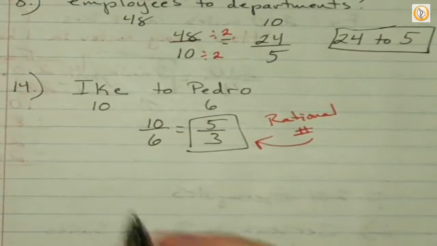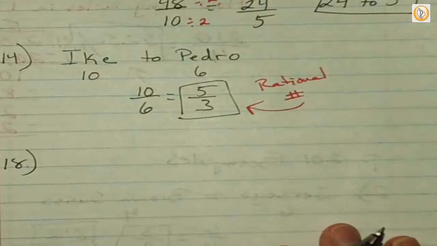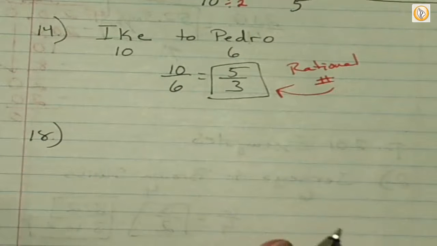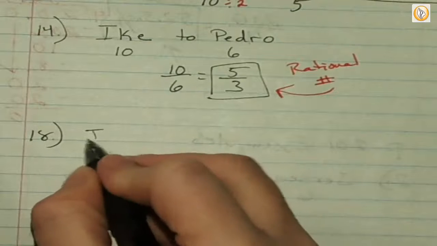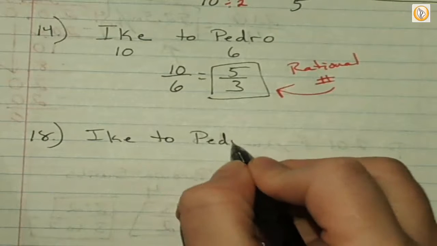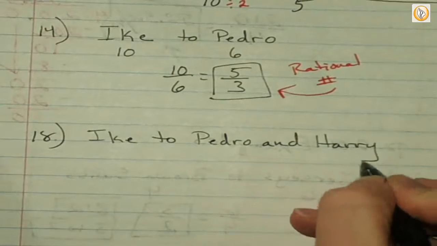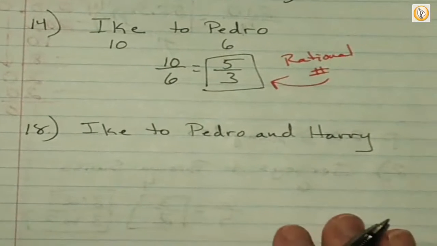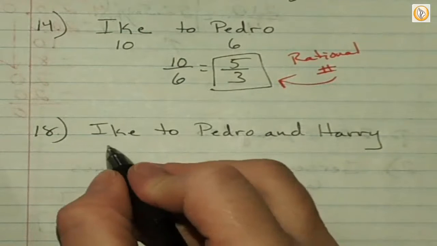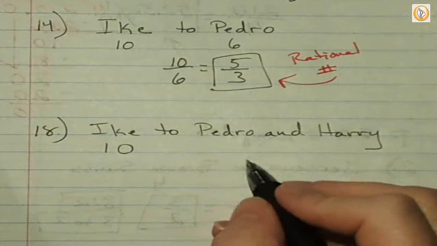Let's look at 18. Ike to Pedro and Harry. I think you'd be able to get this one. All right, Ike, 10. And then Pedro and Harry. 9.